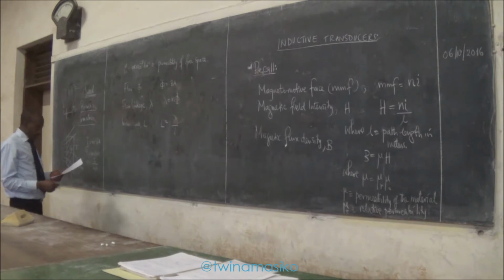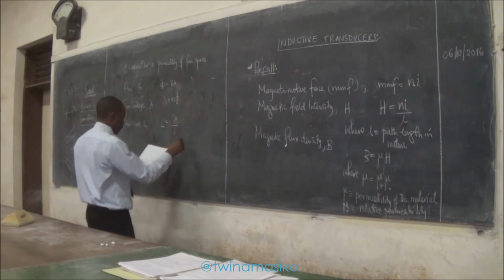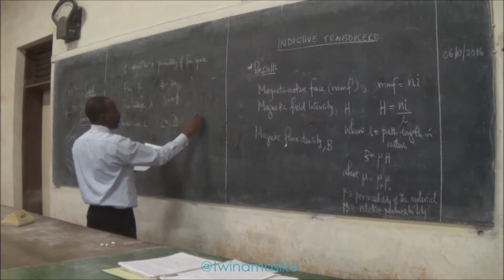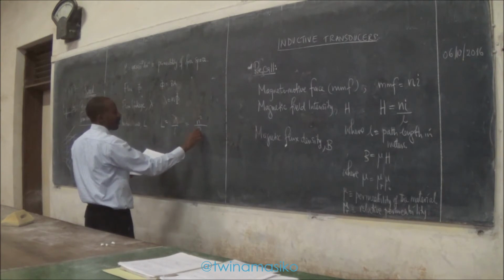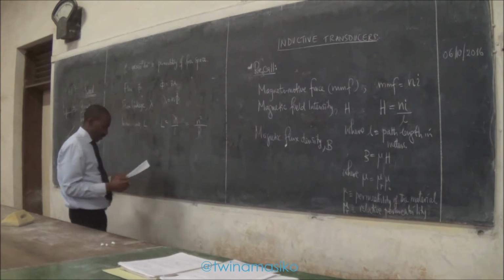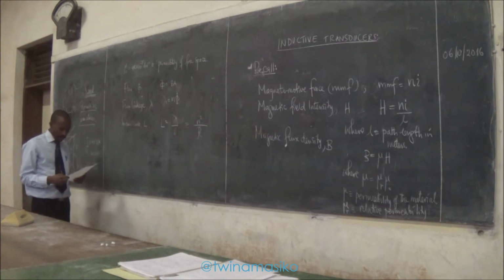So then this would be the same as N squared over script R, and that script R is what we call the reluctance.